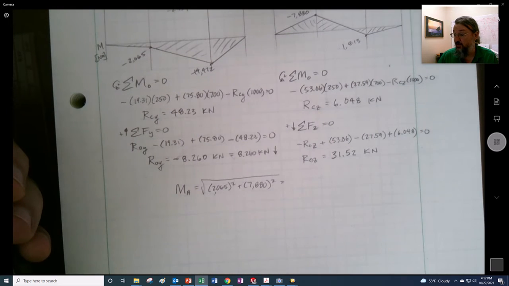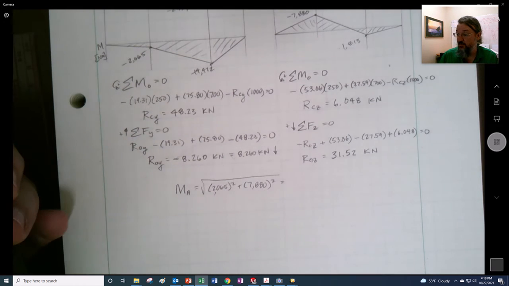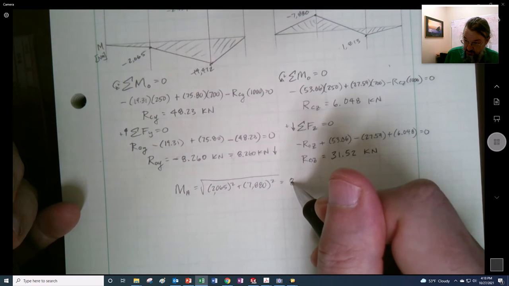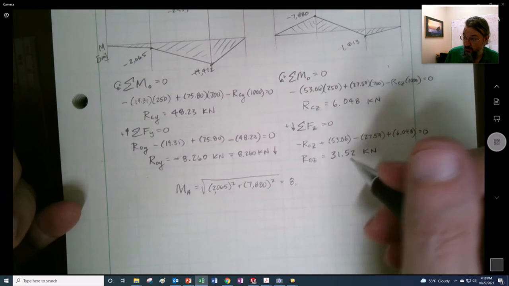I have it over here, so I don't have to actually calculate the thing out. And this didn't drop any, because we did it in Excel. So I think I'm going to get 8,145 Newton meters.